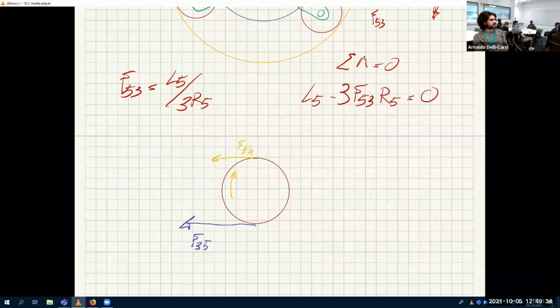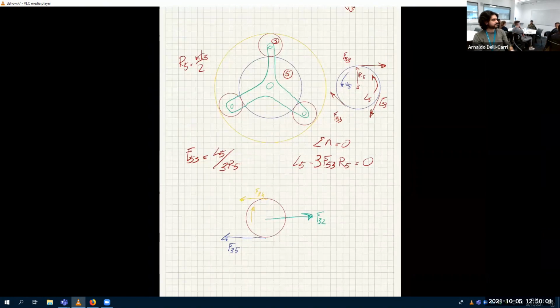Okay? The problem is, these are in the same direction. So that means the sum of these forces is non-zero. So what's going on here? What's missing? The force from the carrier arm. There is a force from the carrier arm. Okay? Now the sum of forces is 0.